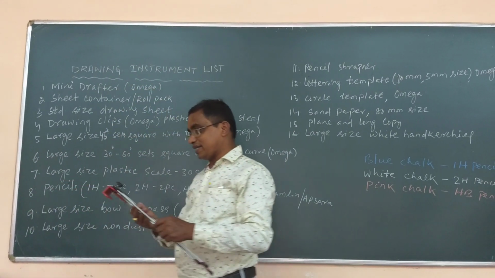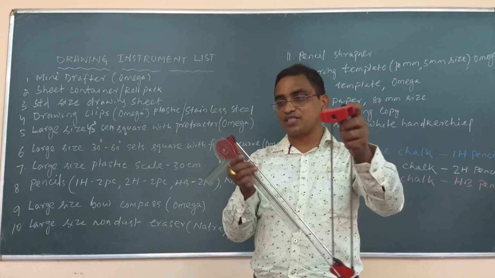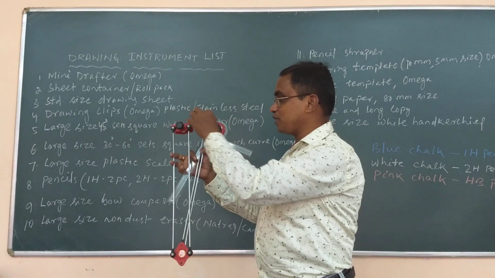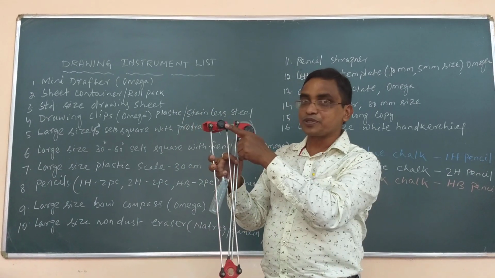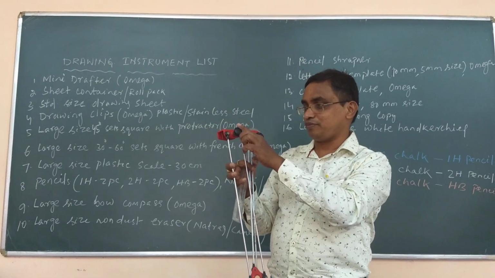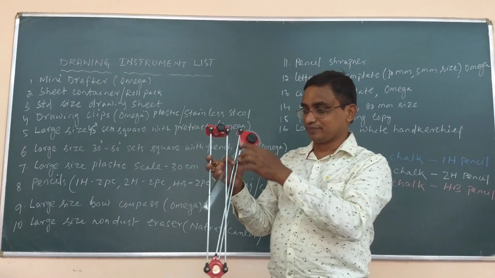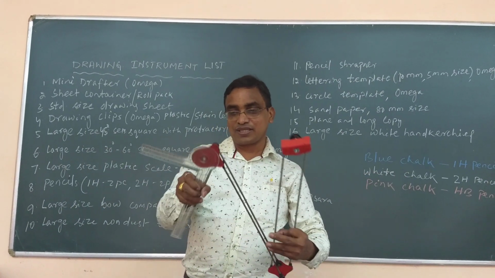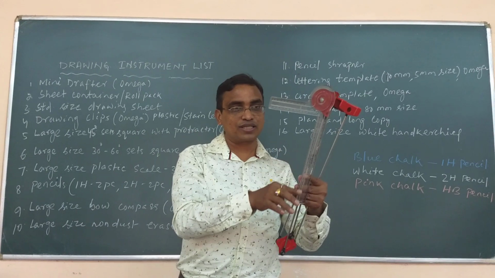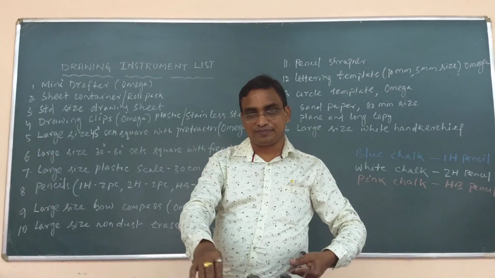Just mark, it has 2 screws, first screw and second screw. The first screw is called the trap screw or holding screw. The second one is the scale screw. And this consists of a long scale, a small scale as well as a protractor.